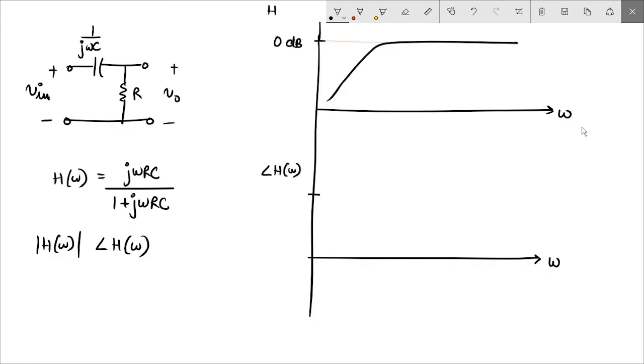So let us call it mod H of omega in dB, and the angle of H of omega, with omega in radians per second. For this particular filter, you plug in the values and see what happens when omega tends to 0 and when omega tends to infinity, and you'll find that the phase would look something like this.